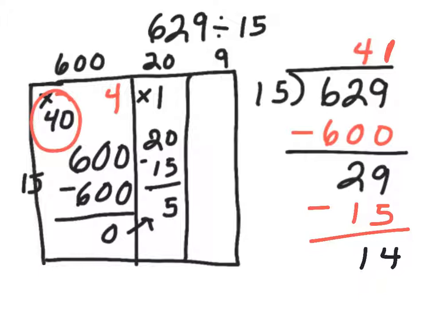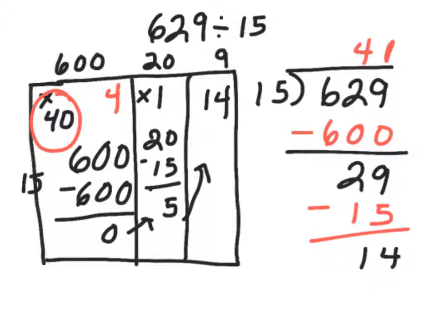That's where the area model corresponds. 5 carrying over plus 9, which is carried over, is 14. Now what times 15 gives me something that I can subtract from 14?